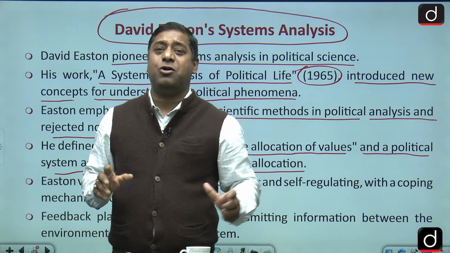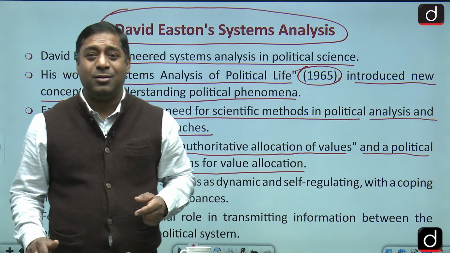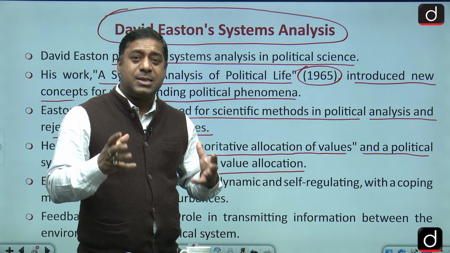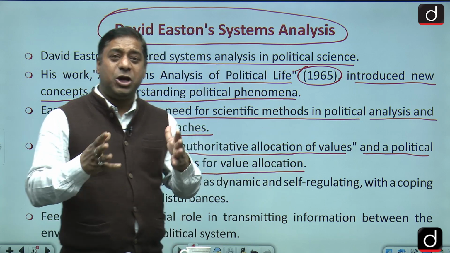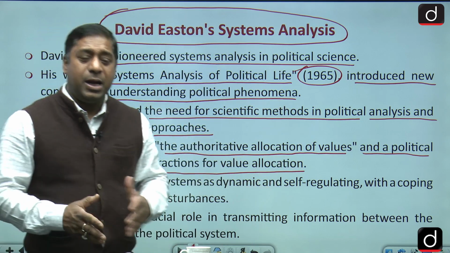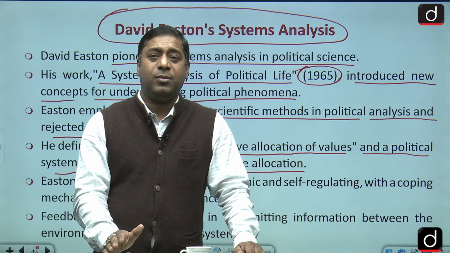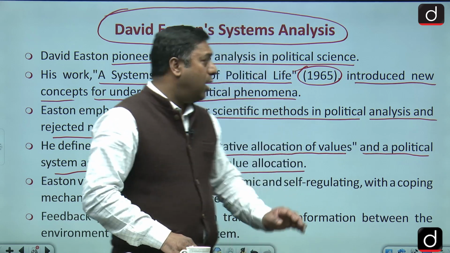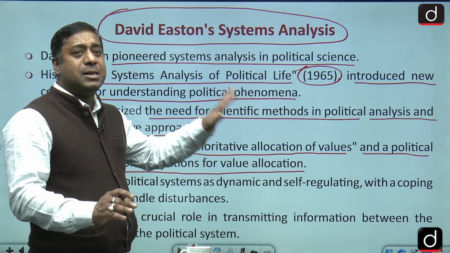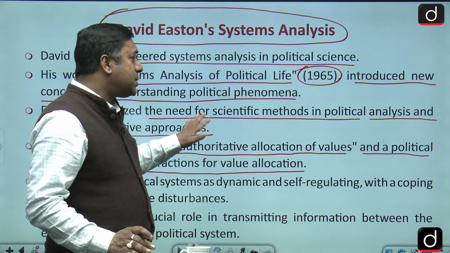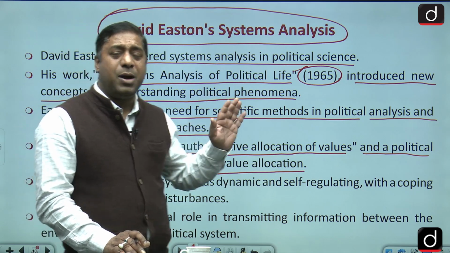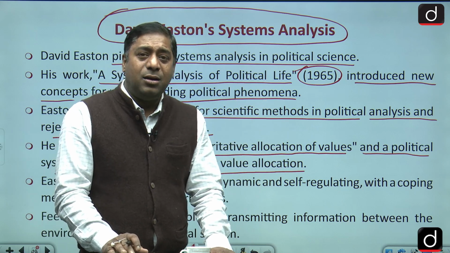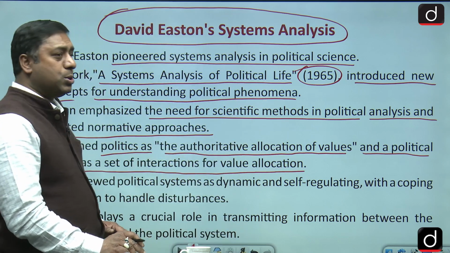His definition of politics, who said what? Easton gives the definition of politics in his system analysis. First of all, he says that political analysis must be based on scientific method rather than normative approaches.